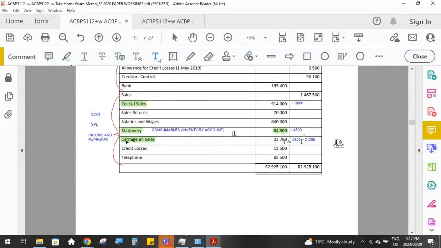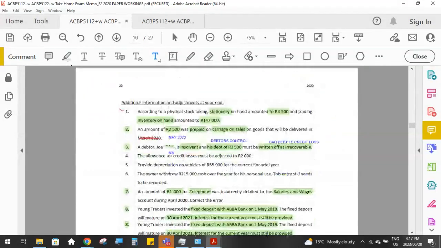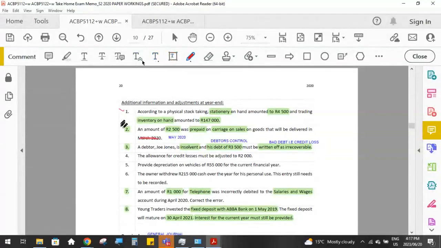We've already done that journal entry in our general journal. But that's what the adjustment is that will be done on this account. So we've accounted for that.